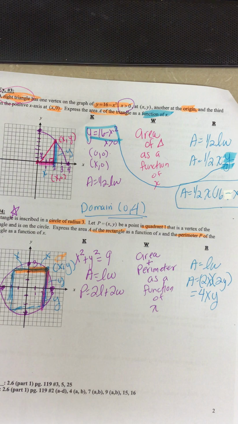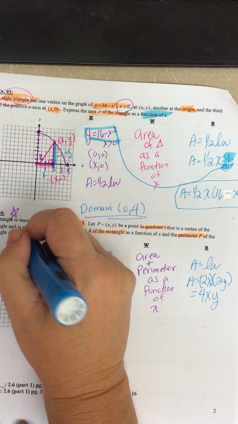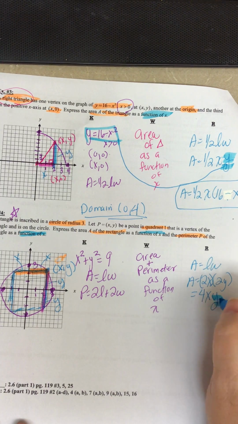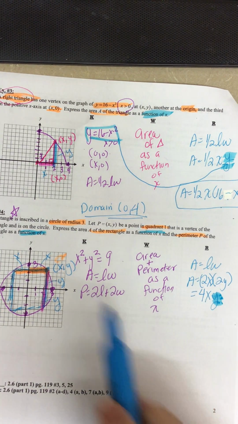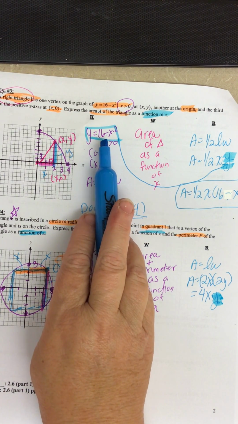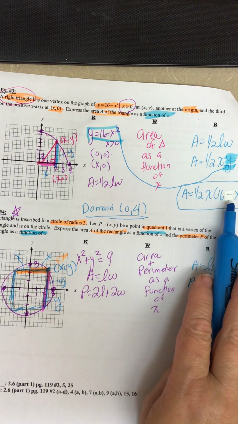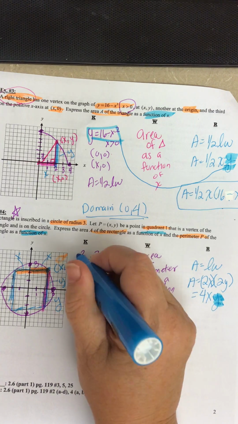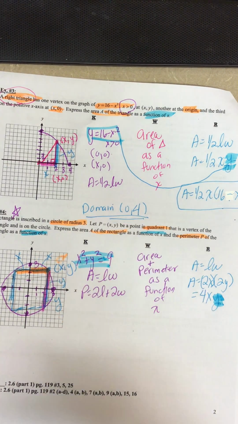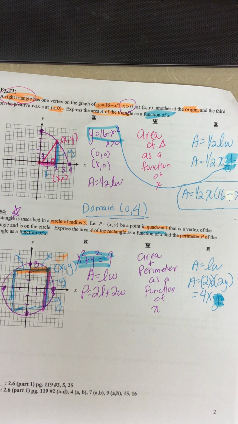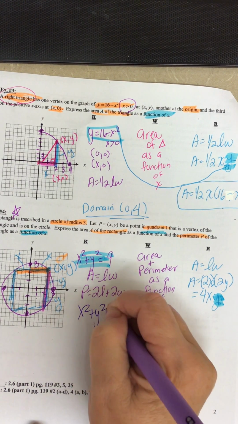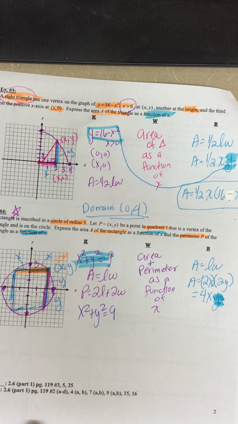Okay, but now remember, this needs to be as a function of x, which means I can't have this y in. Now, if you remember up above, we plugged the parabola in for our y value. We got to do the same thing with the circle. The only difference is that the circle is not solved for y. So I'm not ready to plug it in. So I have x squared plus y squared equals 9.